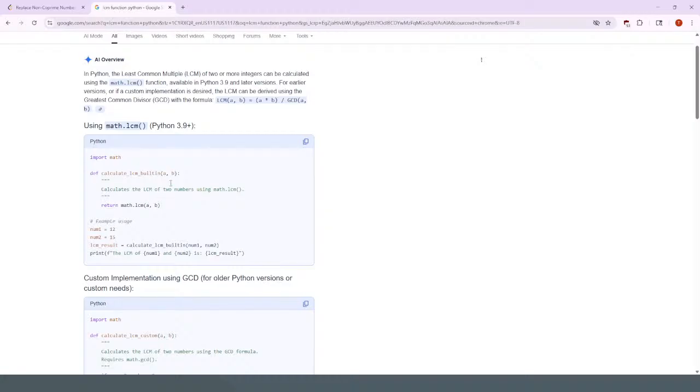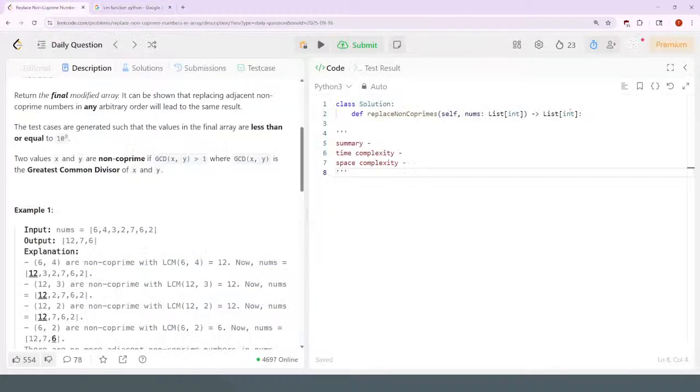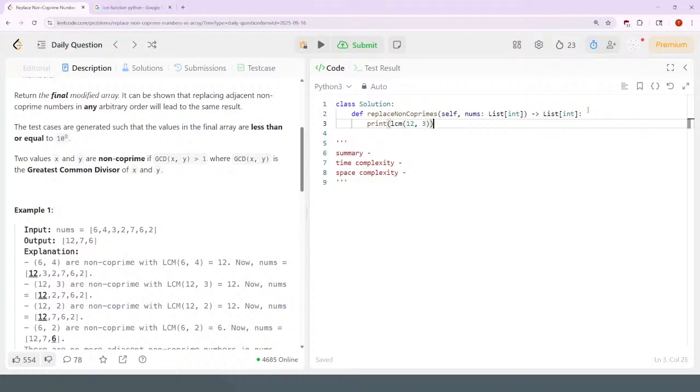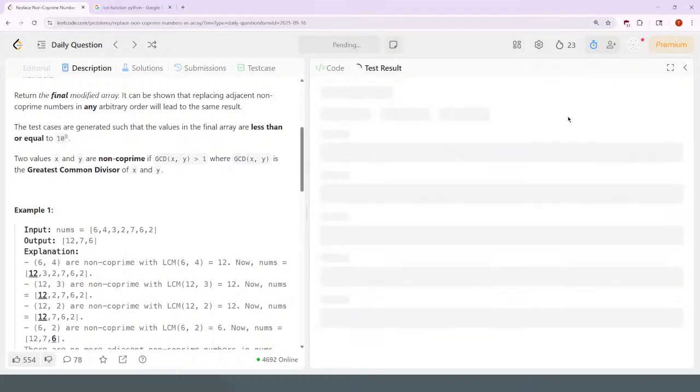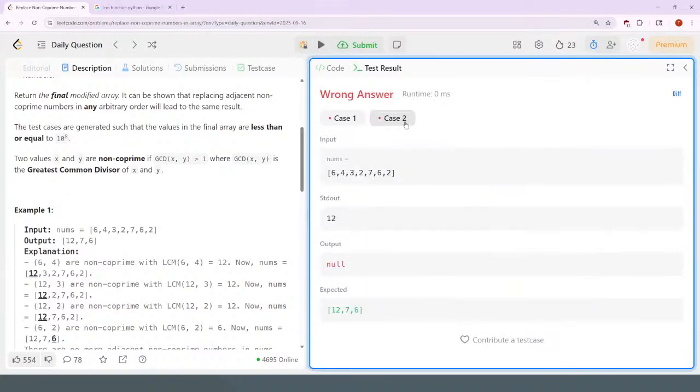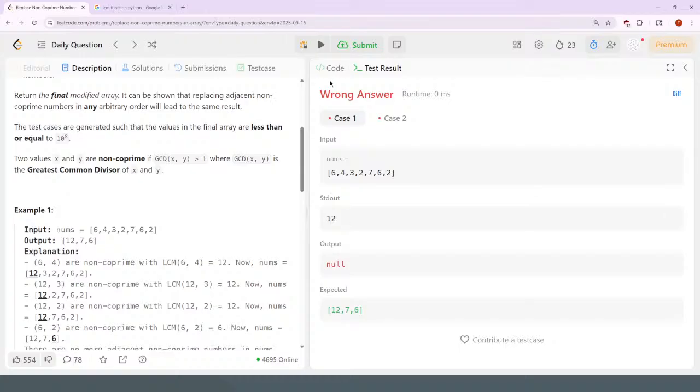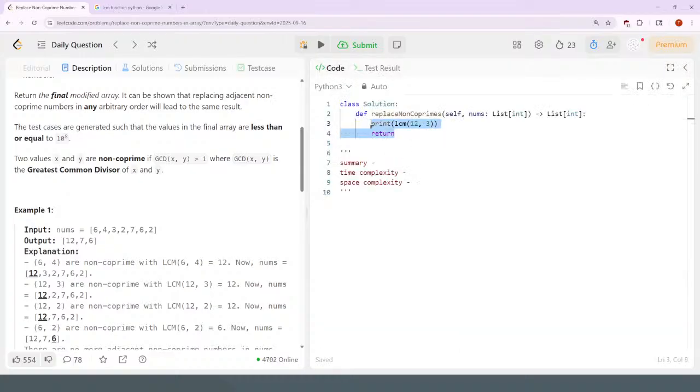Yeah, LCM of a and b. Okay, so let's double check that this works. Print LCM of, let's say, 12 and 3. So this should be 12. All right, see how fast this is.